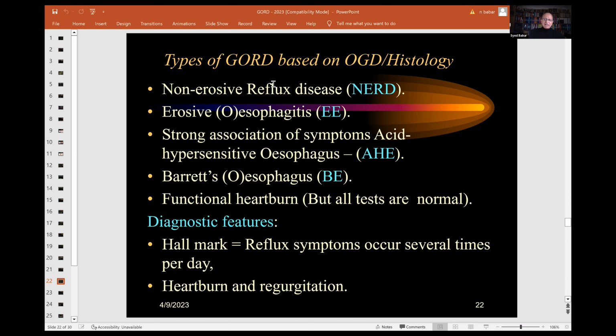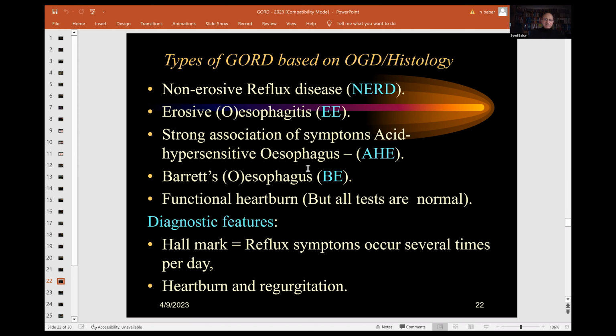Symptoms suggest reflux. Erosive esophagitis is when you actually physically see ulcers and acute inflammatory changes. Strong association of symptoms with acid hypersensitive esophagus. So you do not have abundant trigger, yet the symptoms are aggressive. So it's this category. Barrett's esophagus, we've already talked about.